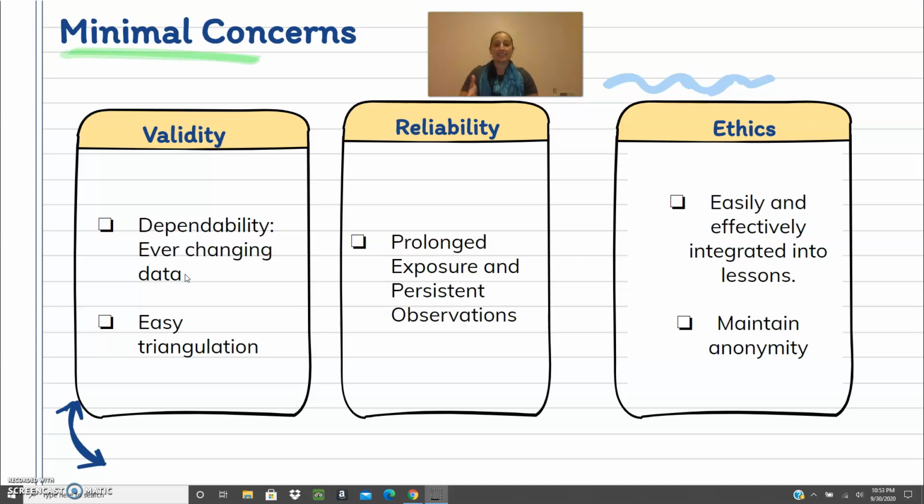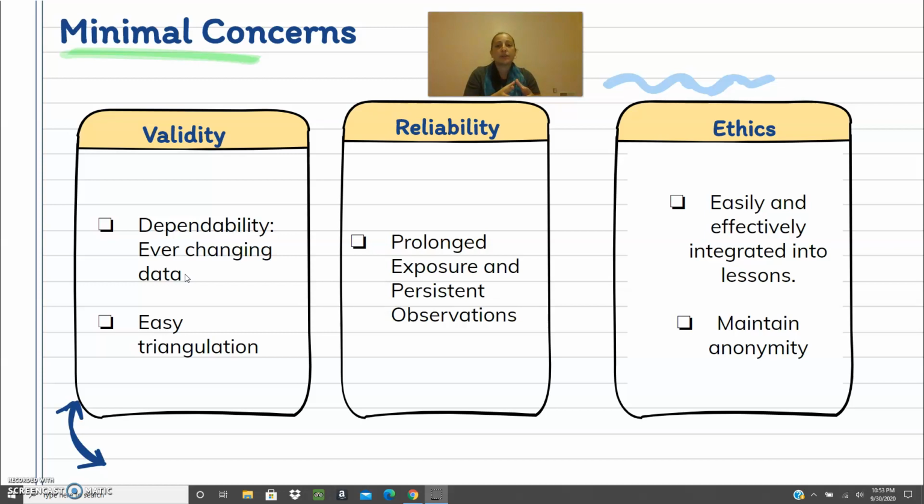And since this is ever growing and ever changing, that dependability piece really is there. And I think it also lends itself easily to triangulation, because you're not only going to have that quantitative data that you could be collecting from the lab notebooks, formative assessments, summative assessments, but then directly linking them to their thoughts, feelings, reactions from that day.